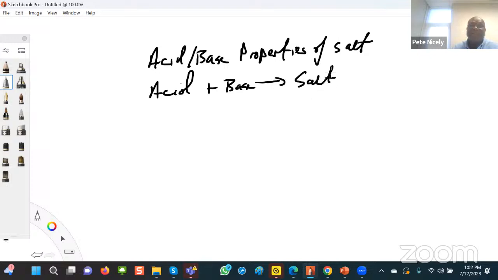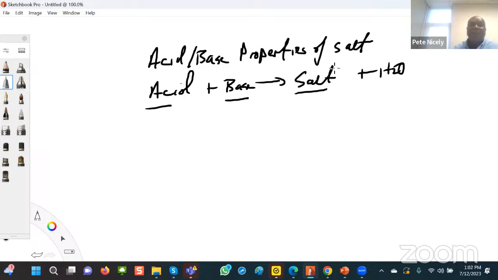The whole idea is that the acid is acidic, the base is basic. When they combine together, they give you a salt, which should be neutral, right? That is not 100% true. It's true in some cases, I would agree, but not 100% true.